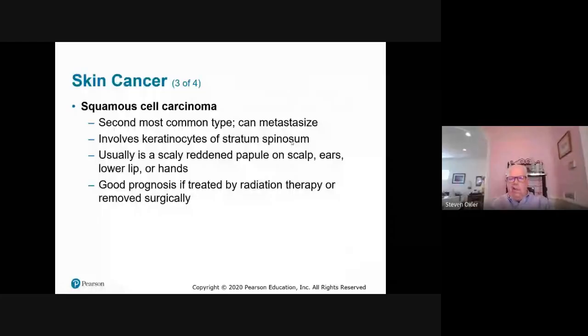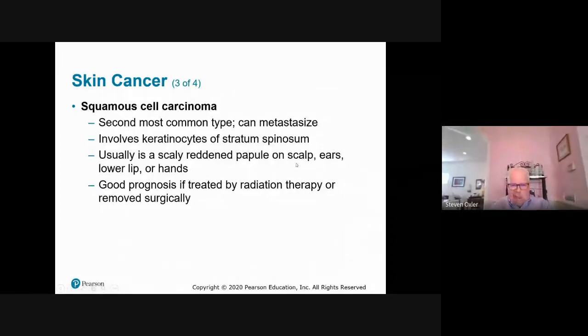It is usually on exposed areas of your body to the sun, and those areas are the scalp, the ears, the lower lip, and the hands. It has a good prognosis if treated by surgical removal plus or minus radiation therapy. Here is a squamous cell carcinoma of the scalp.